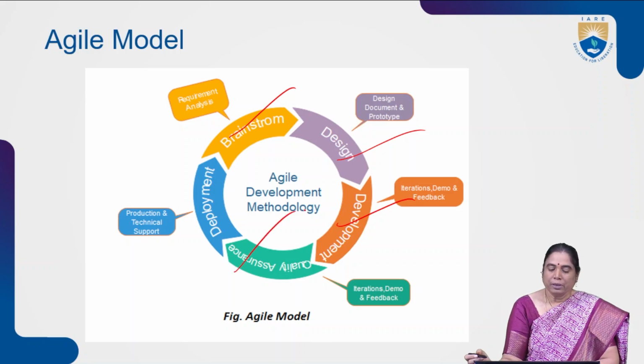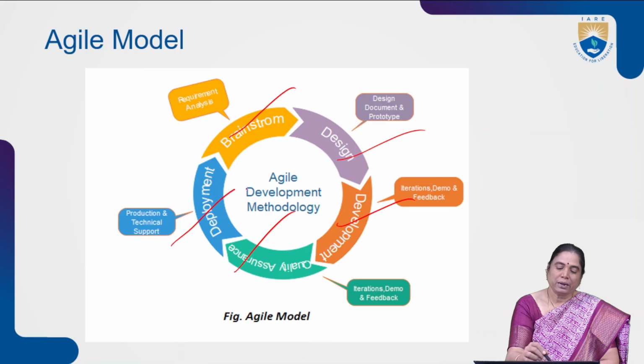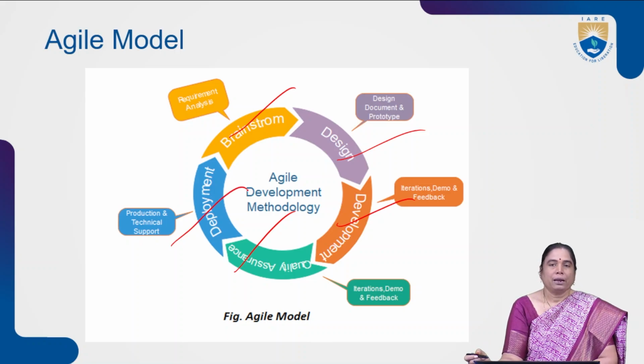Next is quality assessment. Testing must be performed at a variety of levels like unit testing, integration testing, system testing and user acceptance testing. After the user accepts the project, it must be deployed at the customer site for use by the customer.